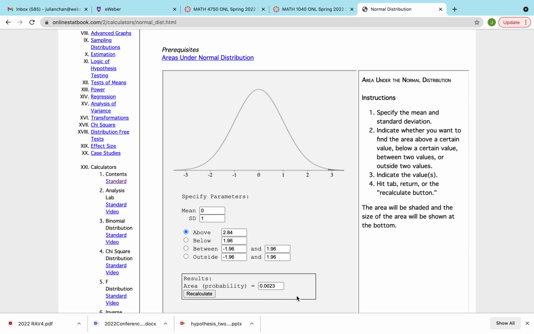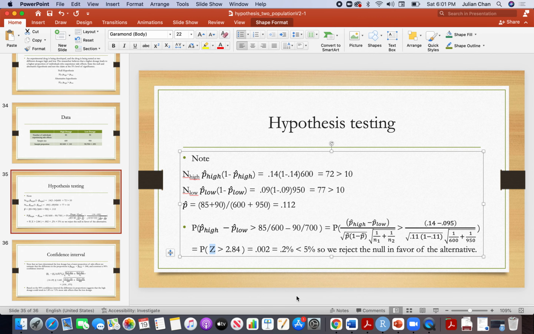So 0.0023. And that's pretty much the same number I got here, 0.002. So that's the p-value. That's less than 5%, so we can reject the null in favor of the alternative.